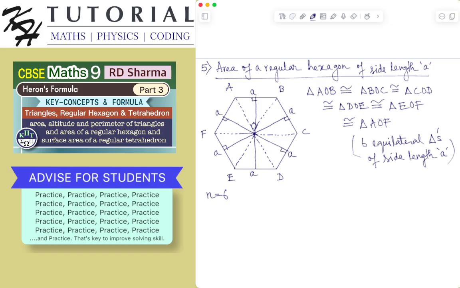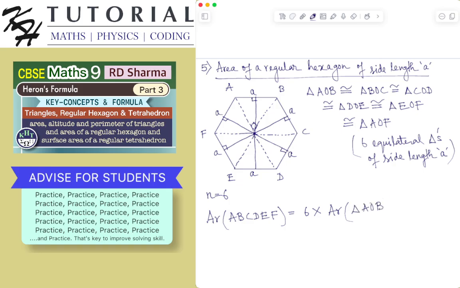So then the area, we can clearly see that the area of the regular hexagon ABCDEF will be equal to, since all the equilateral triangles are congruent, their area will be same, and there are six equilateral triangles. That is, the entire area of the regular hexagon is formed of six equilateral triangles. It will be 6 times the area of each of these triangles, let's say triangle AOB.